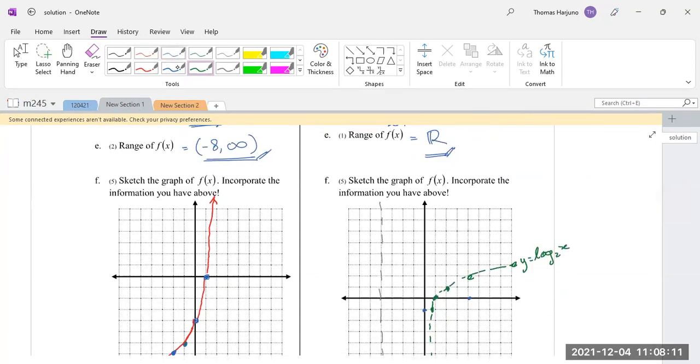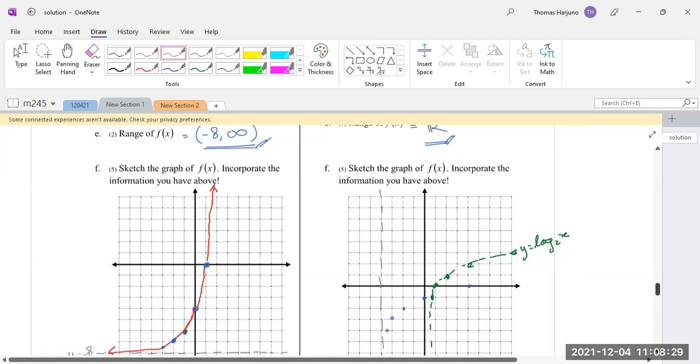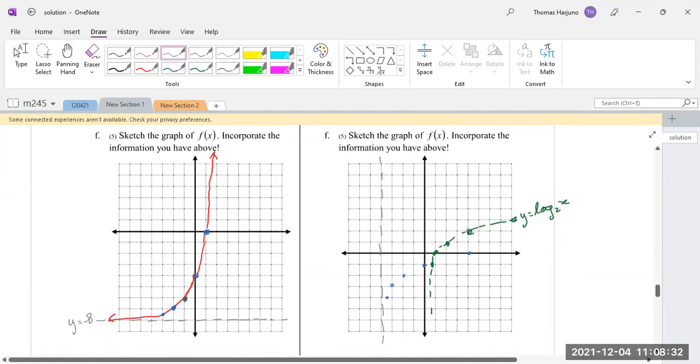This point, 4 to the left, 3 units down, becomes this. The x-intercept, originally, 4 to the left, 3 down. This one, 4 to the left, 3 down gives me the y-intercept. So the graph will be something like this.